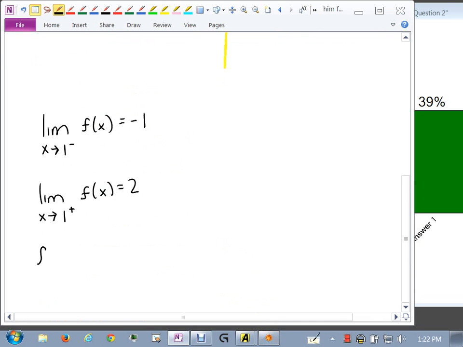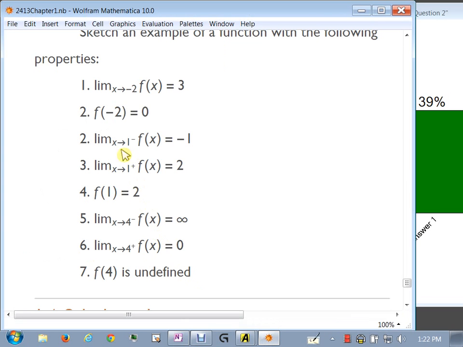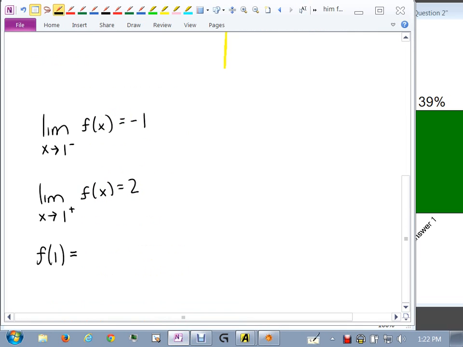And also, I wanted f of 1 to be what? What does it say here? f of 1, I need it to be 2. Okay, let's see if I can make all that happen on a graph. So I'm interested in which x value? Where am I approaching? 1. So I'm going to label 1 here on my graph.